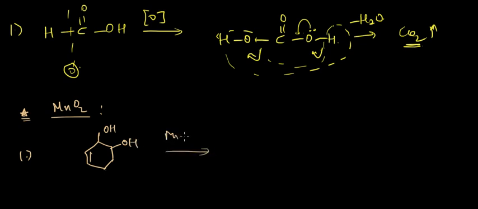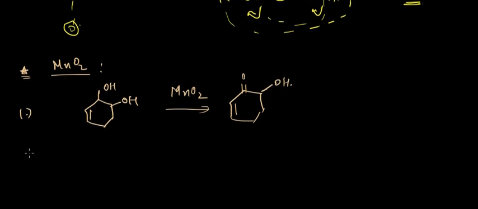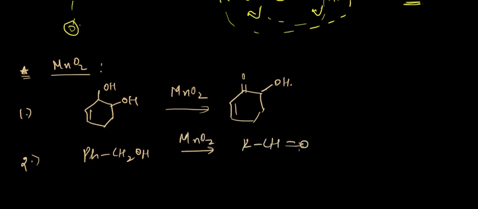In presence of MnO2, what actually happens is we get something like this. Let's take a look at another example. We have primary alcohol. In presence of MnO2, it will be converted into RCHO.